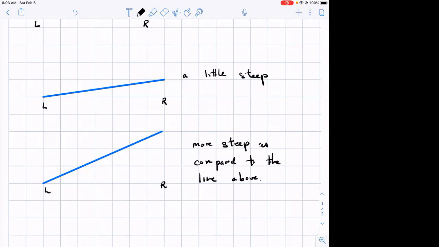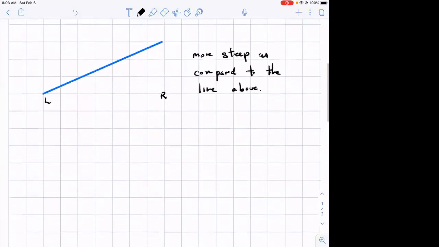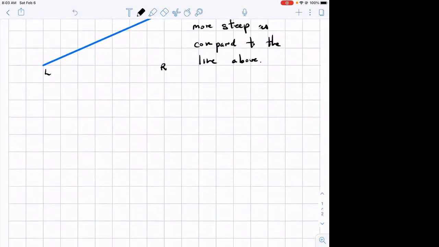Now slope can be a negative or a positive number. Slope can be negative or positive. And the way we identify the negative or positive is based on the direction we travel.